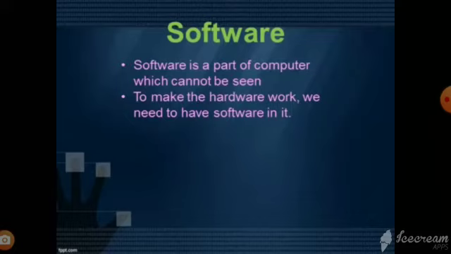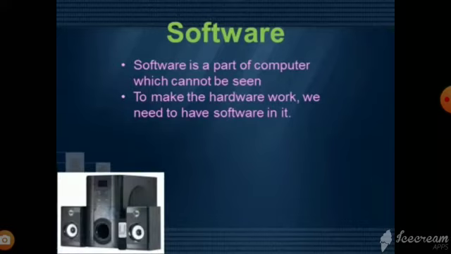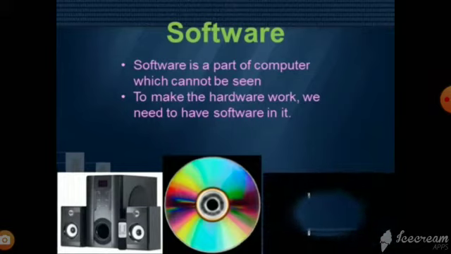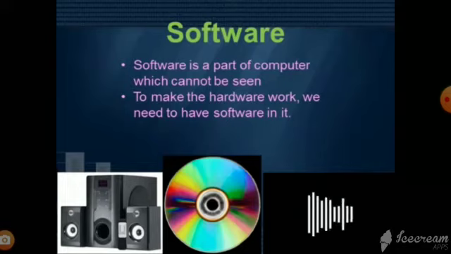Can you see the songs or music recorded on a CD or DVD? No, because that is software. A CD is hardware, but the songs or movies which are stored in it are software, as they cannot be touched and seen. Likewise, a TV is hardware and the programs you watch on it are software.